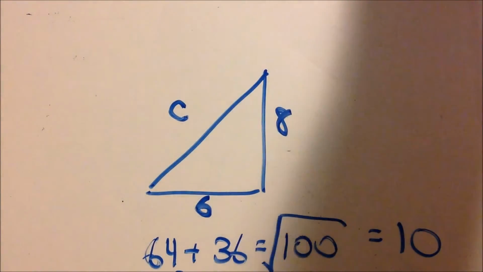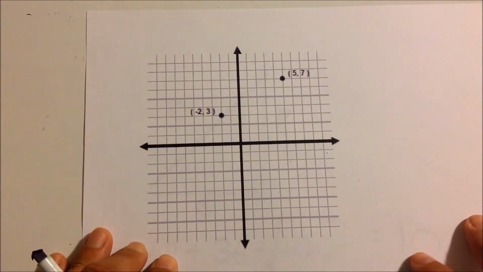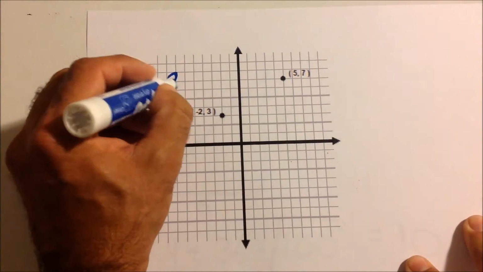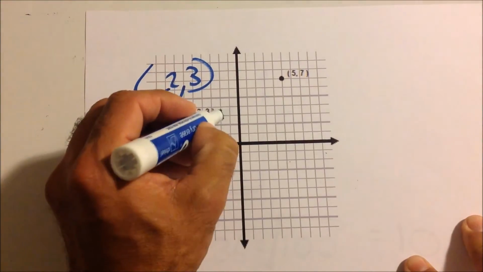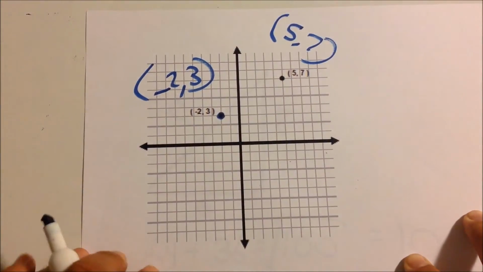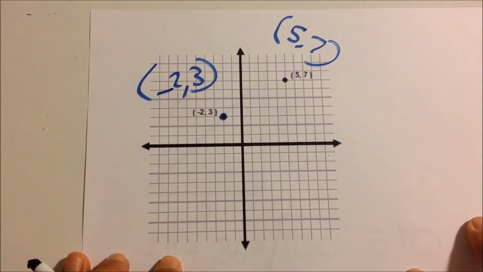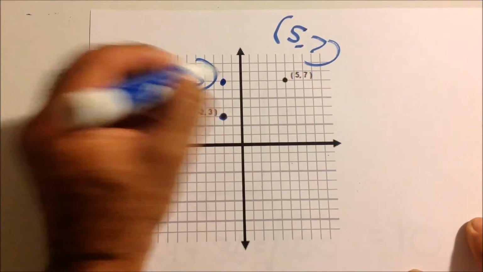Let's do a few more. What if I gave you these 2 points? We have negative 2, 3, that's that point, and this point is 5, 7. First we have to make a triangle. You can make one here if you want.